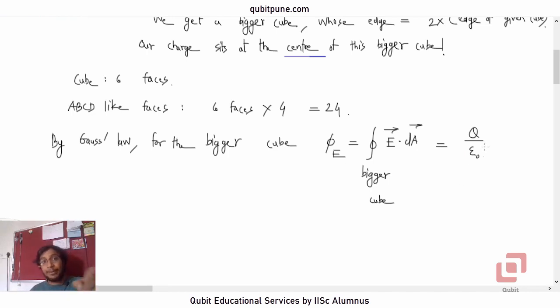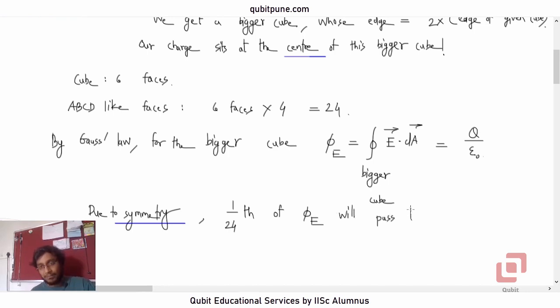But now, due to symmetry, again because the charge sits at the center, 1/24 of phi e will pass through each face like ABCD. That argument is important because that is actually going to give us the answer. Therefore, Q divided by 24 epsilon naught is the answer.